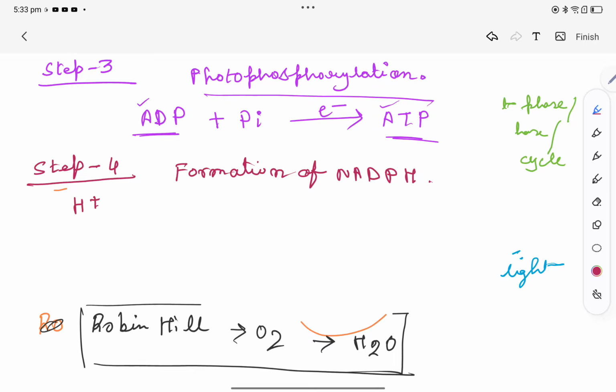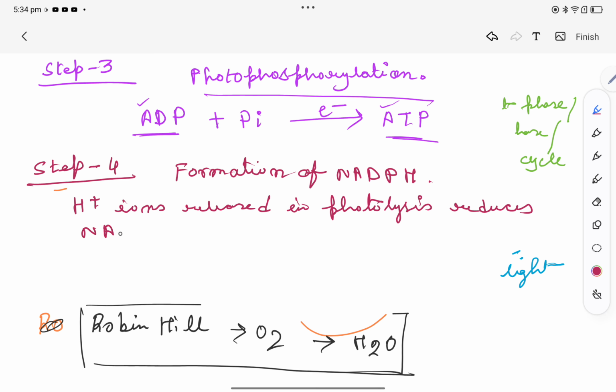So the hydrogen ions released in photolysis reduce NADP into NADPH.